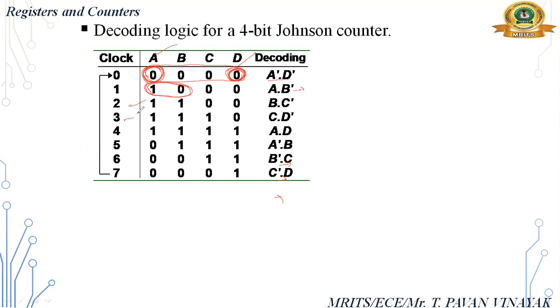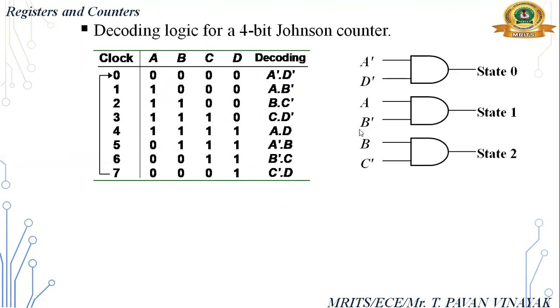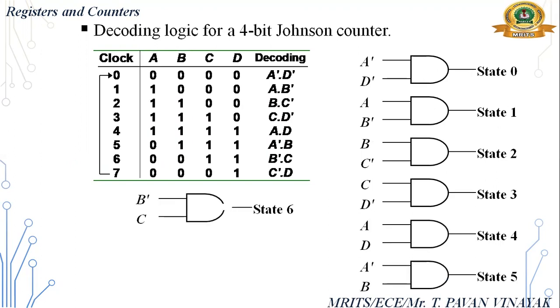Next, for this one I am taking this place, and for this sequence I am taking this one, 1 1. Next, this two, again this two, so that we can decode it easily. So these are the decoding circuits to identify the states. Total 7 states.